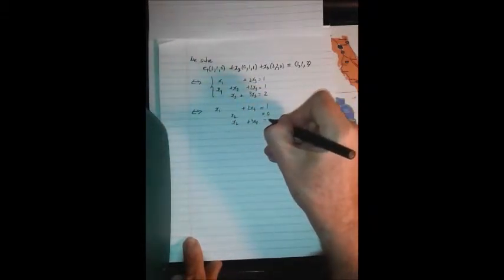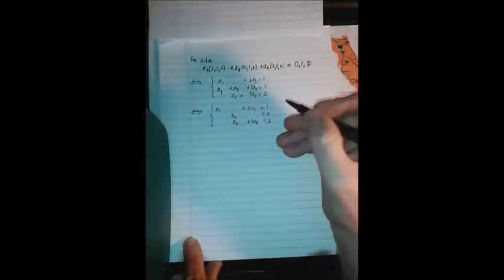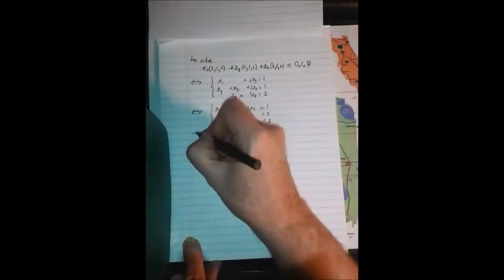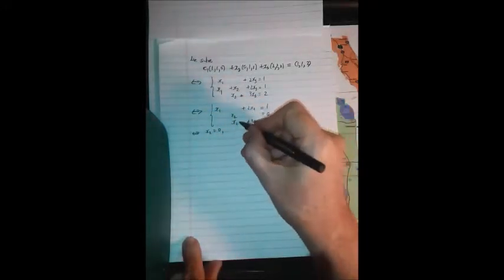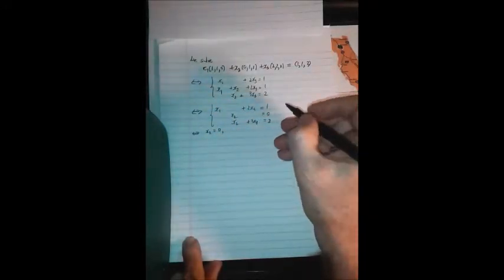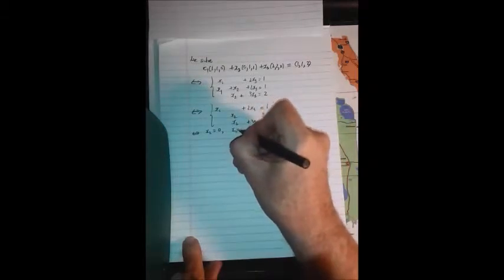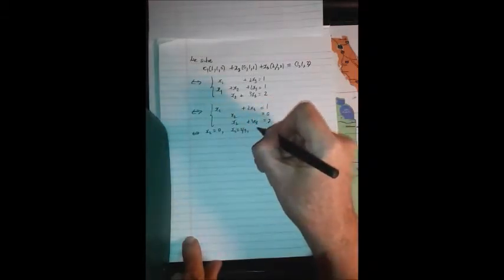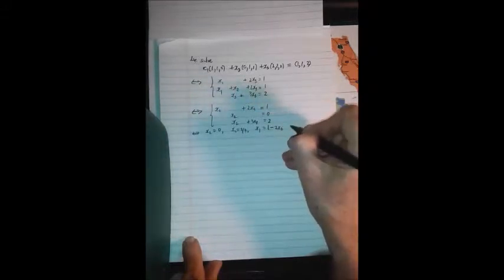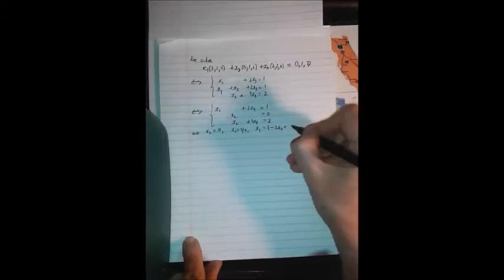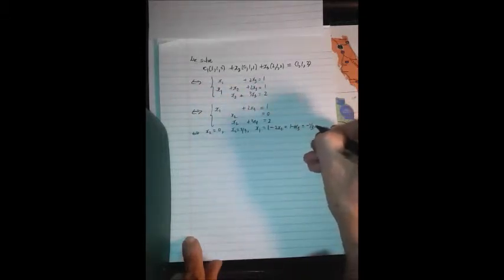And we have these three equations. The second equation tells us x2 is 0. The third equation tells us that x3 is equal to 2/3. And the first equation tells us x1 is 1 minus 2x3, which is 1 minus 4/3, which is minus 1/3.